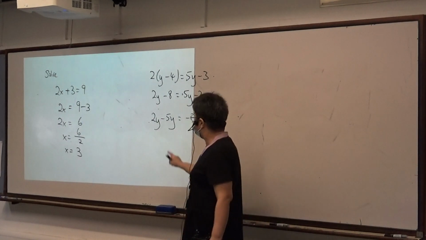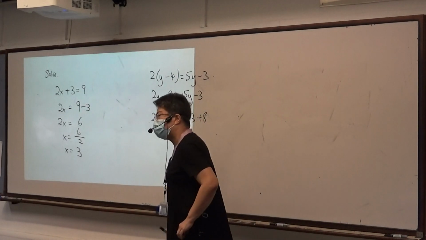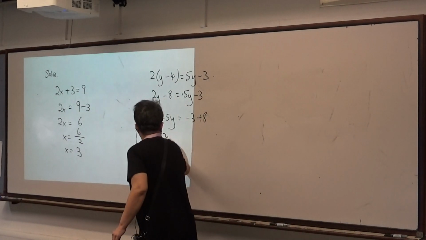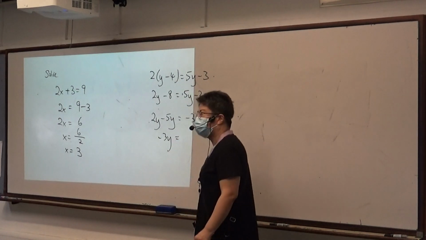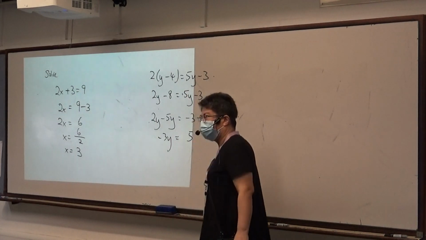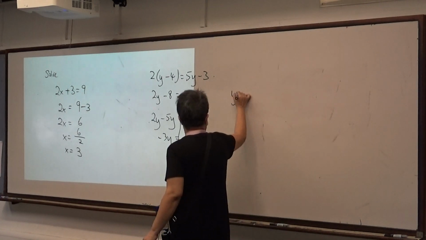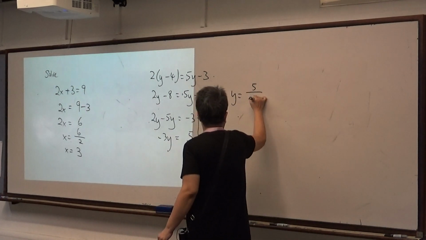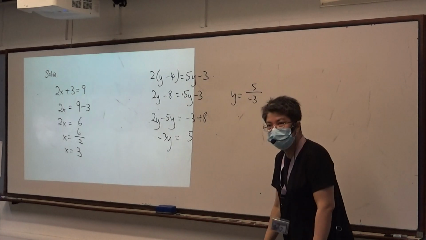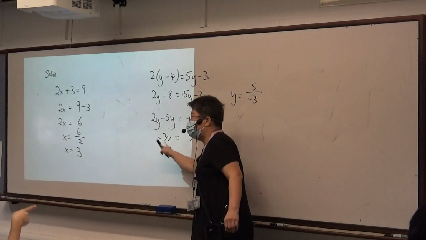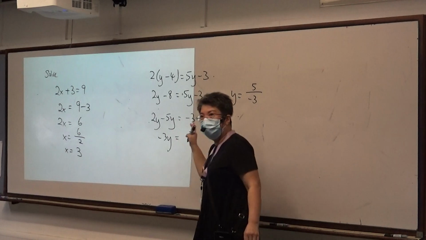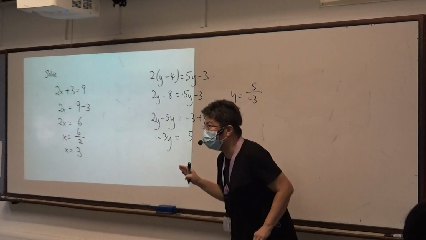So what is 2y minus 5y? Negative 3y equals to what? 5y. Am I right to say that? So y will be 5 divided by negative 3, right? Because this is negative 3 times y now. Times bring over become divide, correct?